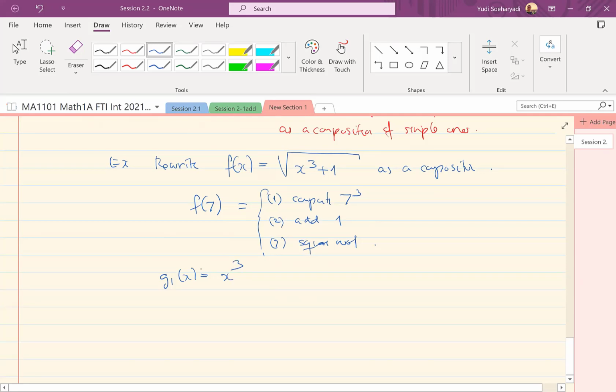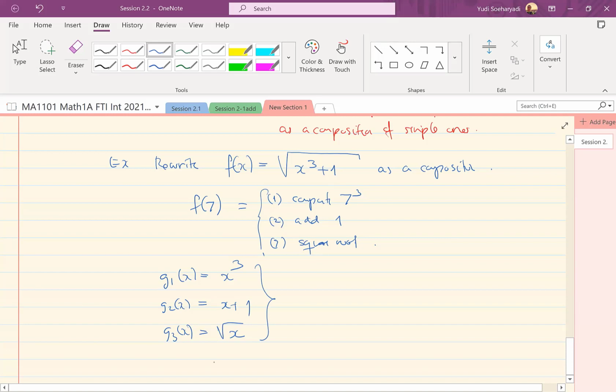It doesn't matter, you use x or whatever letter you like. The thing is, you cube them. Second step, add 1. Third step, take the square root. Okay, so that's how you get this one.